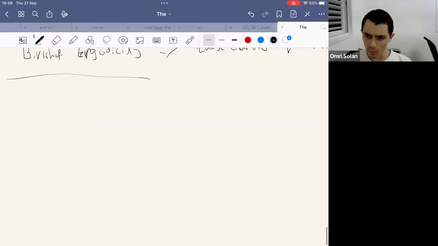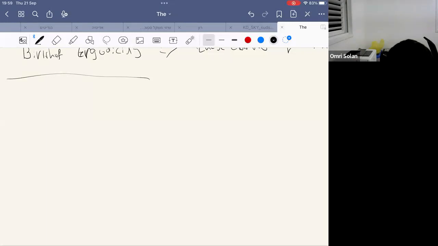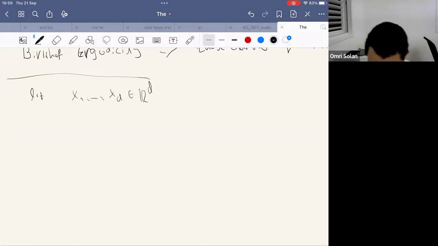So now, before I continue to our polynomials, to algebraic approximations, I want to discuss another approximation problem. Let x1 to xd be inside R^d and N greater than 0, big.